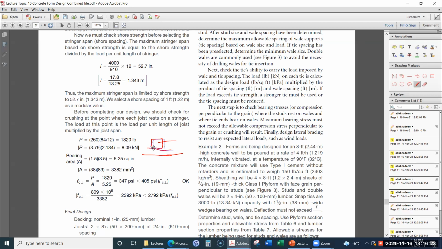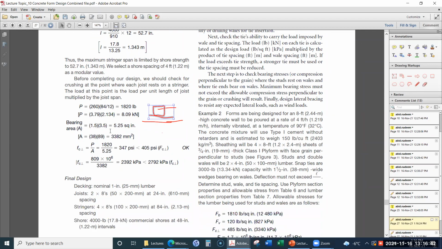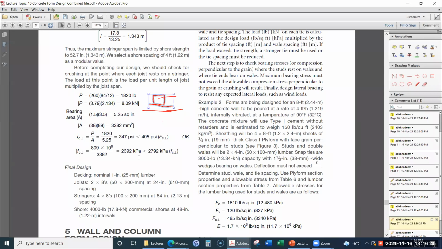At their intersection there may be a contact area, and some punching failure can take place as well. So the final step is to calculate this punching failure, and this strength must also be met.